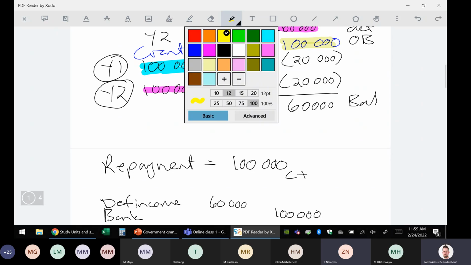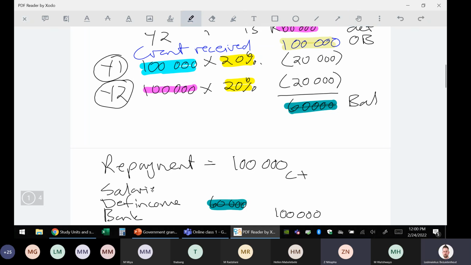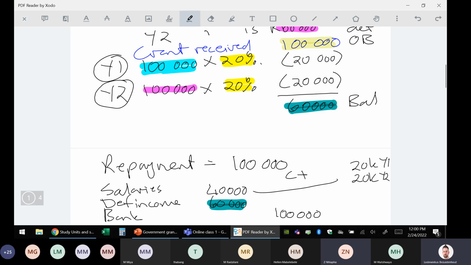We've got the yellow already, let me use that one. And we will say debit salaries for the 40,000. And that 40,000 is made up of the 20K in year 1 and the 20K in year 2 that we've already taken off our expenses in the previous 2 years.